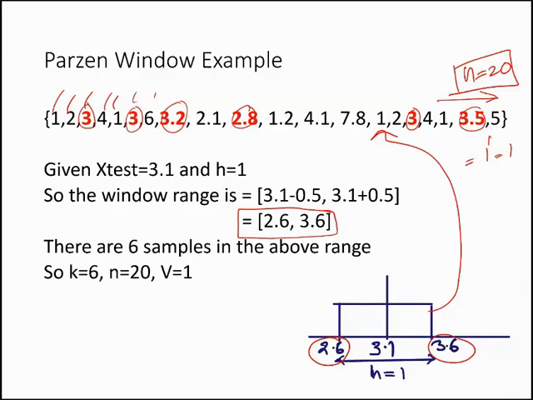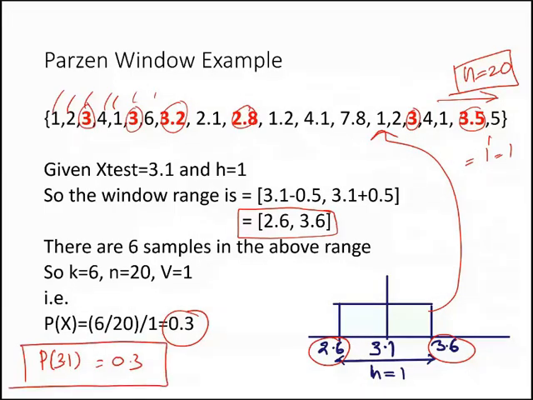So P of X, that is the density estimation here, is K divided by N divided by volume, 6 divided by 20 divided by 1, so this is 0.3. In this way we estimate the probability density at X equal to 3.1.